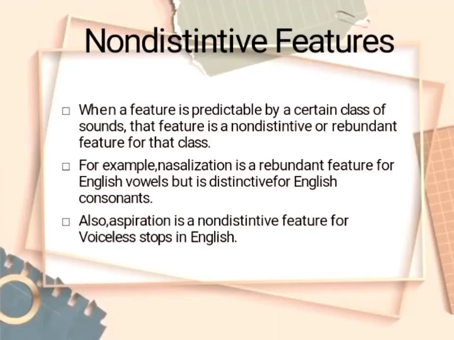Non-distinctive features. When a feature is predictable for a certain class of sounds, that feature is a non-distinctive or redundant feature for that class. So for example, in Standard English, voiceless stops are aspirated if they are the first sound of a word, or word initial, or when they are in the onset position of a stressed syllable. Next, for example, nasalization is a redundant feature for English vowels but is distinctive for English consonants.